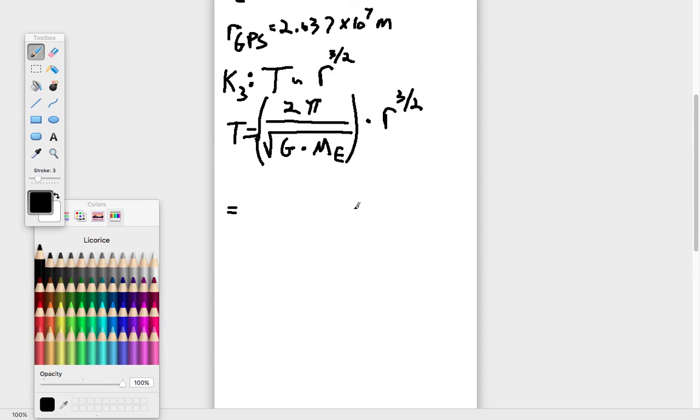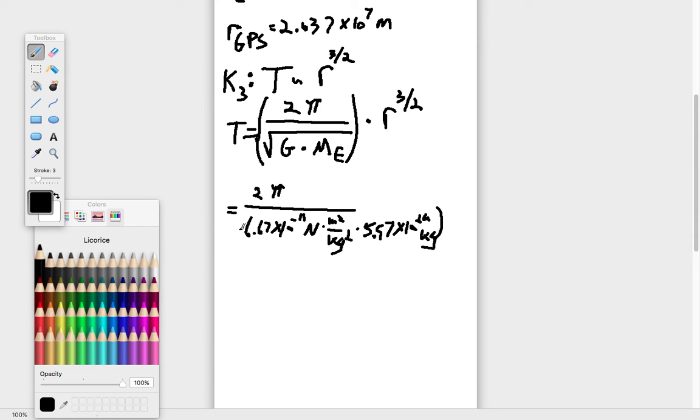I'm going to get an answer that's in seconds if I crunch all these numbers. It's 2 pi, check, and then this is 6.67 times 10 to the negative 11th Newton, check, meters squared per kilograms squared, times the mass of the Earth, which I found to be 5.97 times 10 to the 24th kilograms.